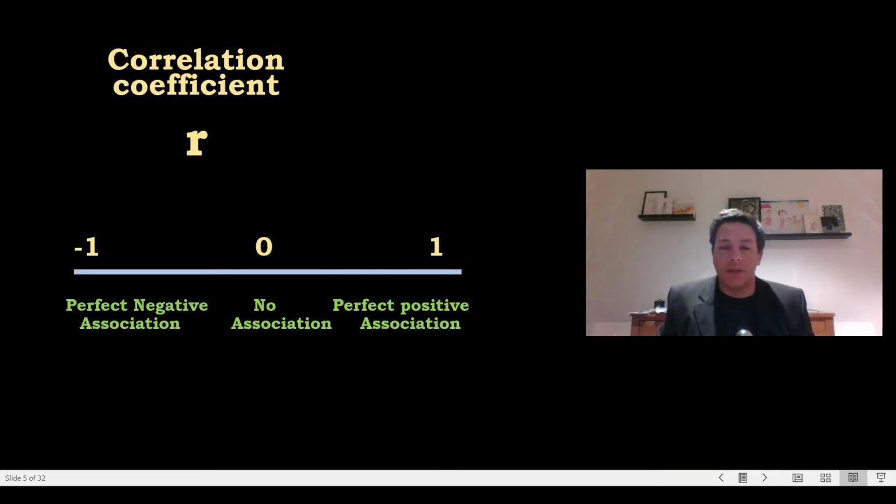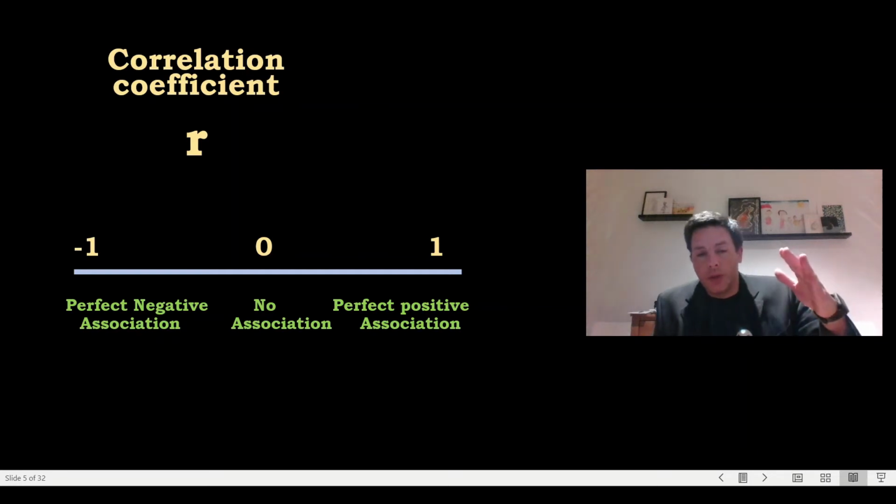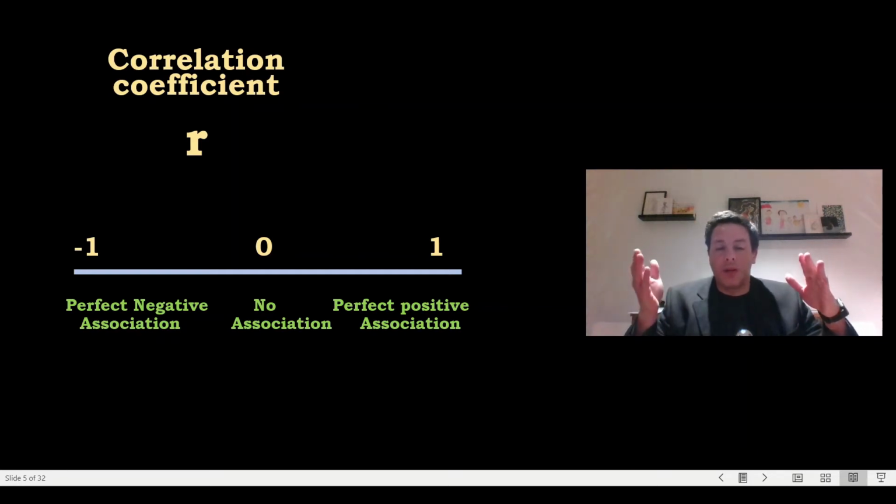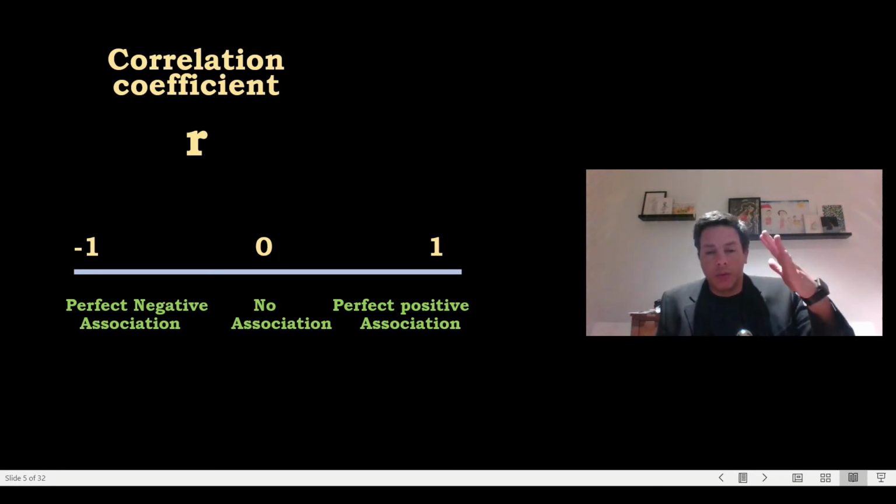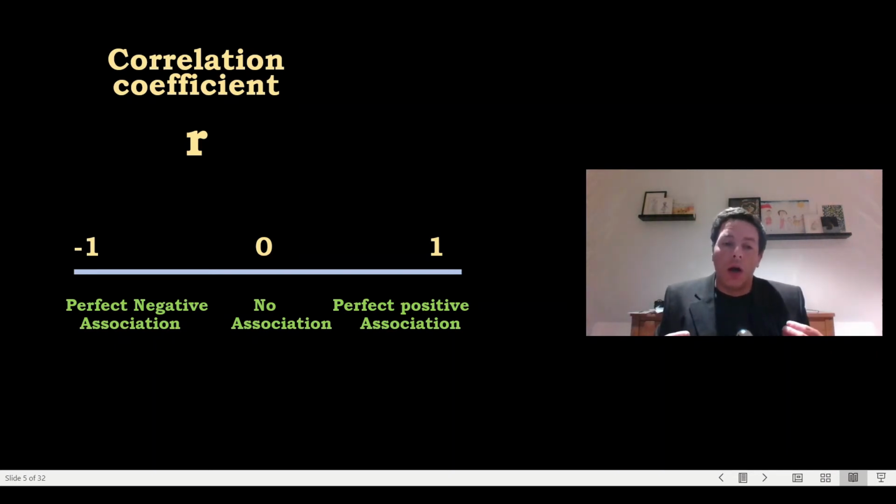What does it mean, negative and positive? Well, positive means that if the values in one variable go up, then the values of the other variable go up as well. And negative correlation is that if one variable's values go up, the other variable's values go down. At the beginning, Galton only identified the positive correlation as the correlation, but then it was realized that negative correlation is also useful.